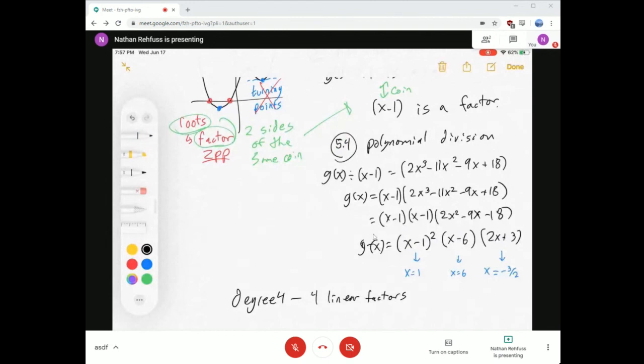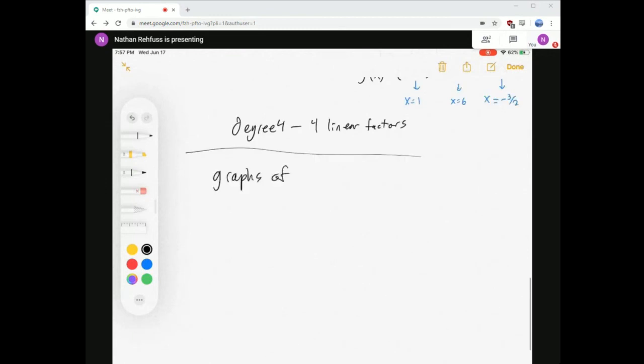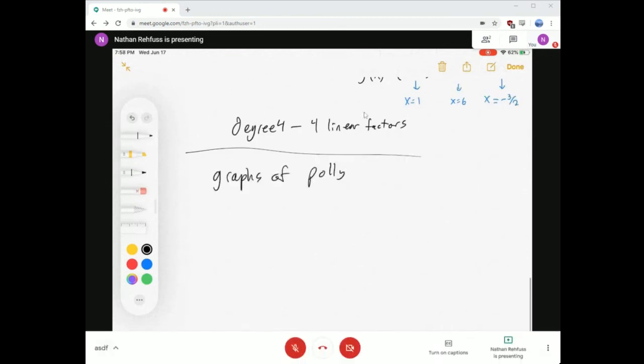This is a degree 4 polynomial. When I draw a degree 4 polynomial, its graph is kind of interesting. Nah, I'll do that in the next video. Next video is going to be graphs of polys. Actually, that'll be 5.3. Tell you what, that's the end of 5.2. Next video will be 5.3.